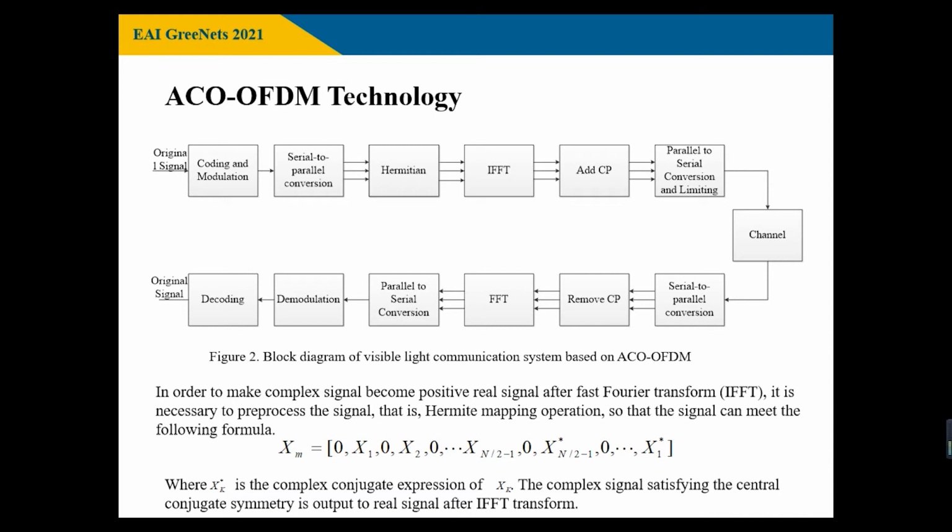In order to complete the conversion of the signal into a real signal after the fast Fourier transform, it's necessary to process the signal, that is, a Hermitian mapping operation, so that the signal can satisfy the following formula, where X_k* is the complex conjugate expression of X_k.